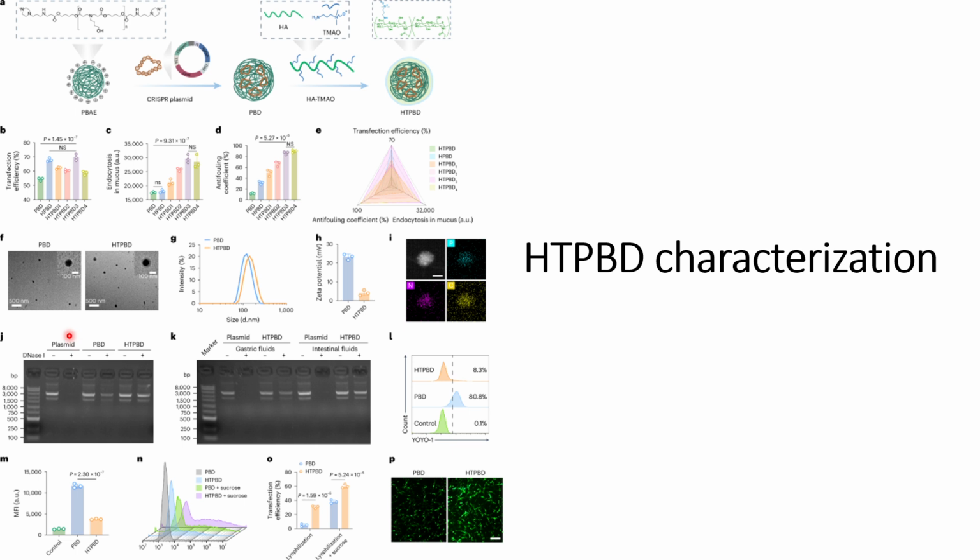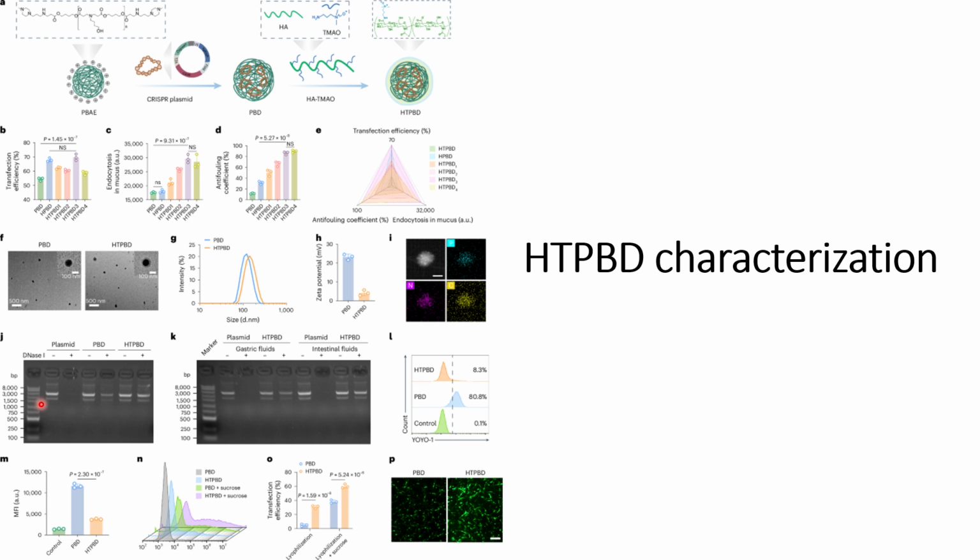Now they wanted to check how stable their plasmid is. They reacted their plasmid, PBD and HTPBD with DNase1, which is quite stable in the PBS, and checked whether they are able to survive this DNase1 treatment, as in the mucus there is a lot of DNase.